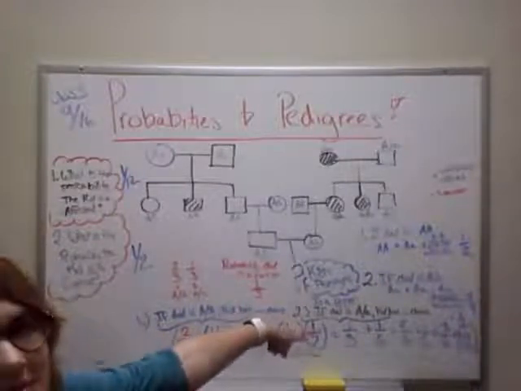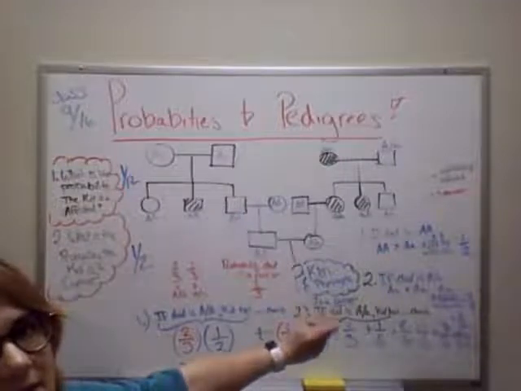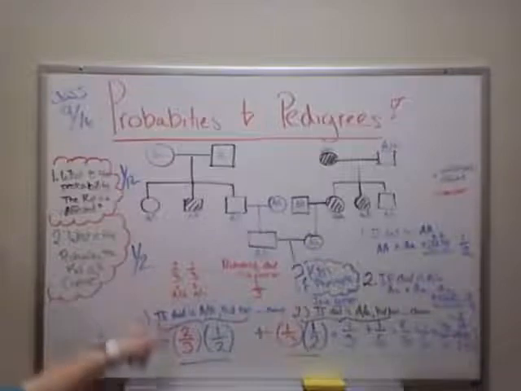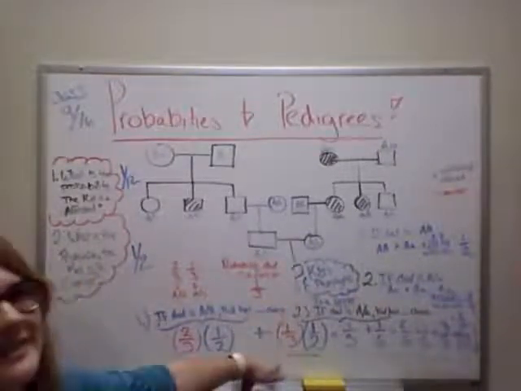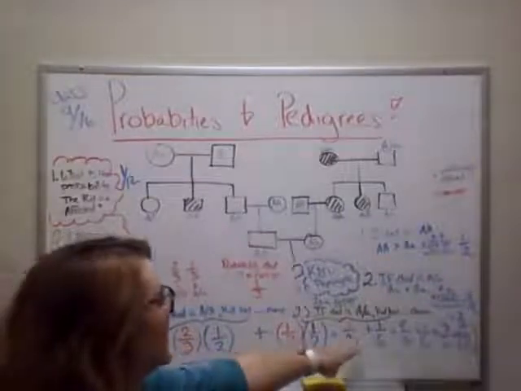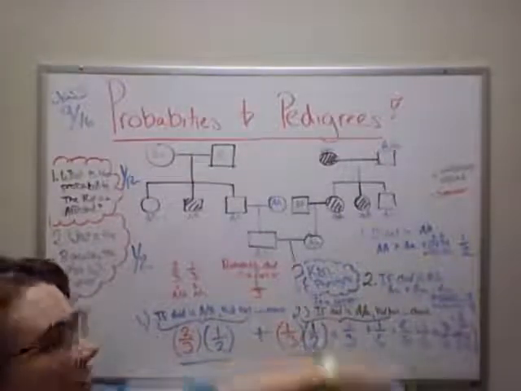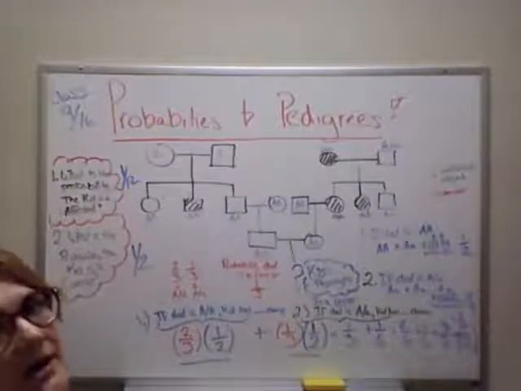If dad is heterozygous, which is 1/3, the kid also has a half chance of being a carrier. Add these two together. You get 1/3 plus a sixth, and then you do a bunch of fraction simplification, and you get all the way down to 1/2. So the kid has a 1/2 chance of being a carrier.